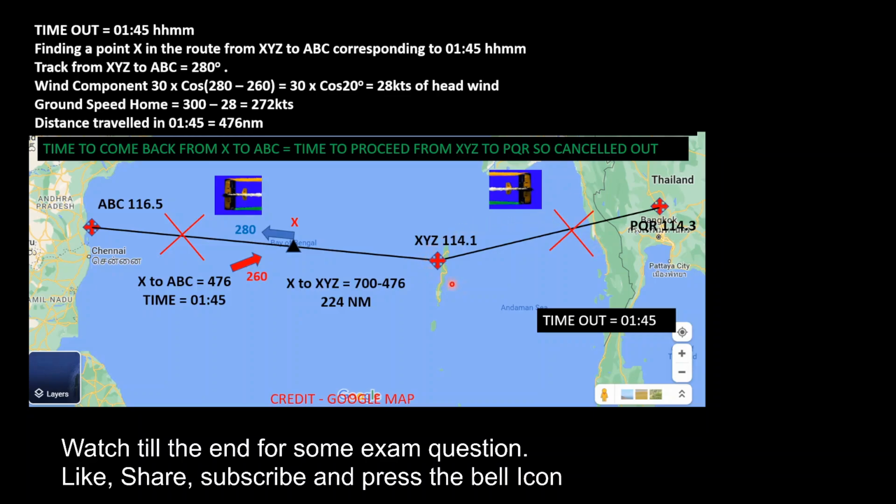So these two legs, 1 hour 45 minutes and 1 hour 45 minutes, can be neglected. And now we are sure that my CP will lie between these 2 points. So what is the distance between these 2 points? 700 nautical miles minus 476, which is 224 nautical miles, is the distance between X and XYZ.